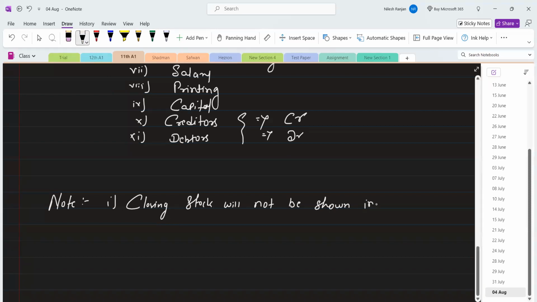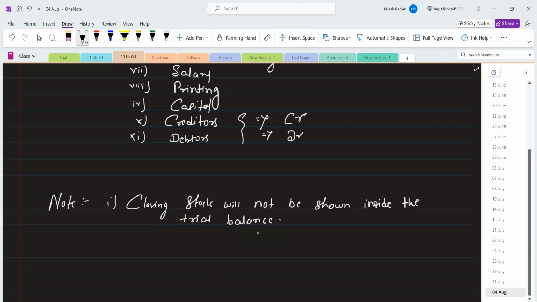Inside the trial balance. Okay. So closing stock will not be shown inside the trial balance, but opening stock will be on the debit side. Okay.